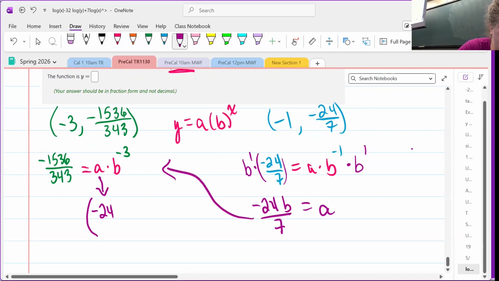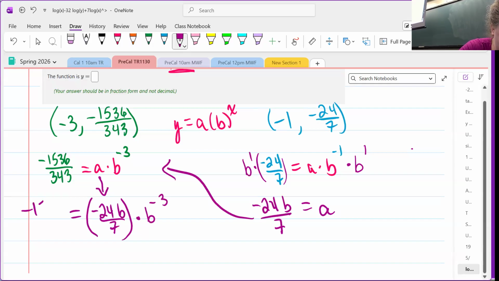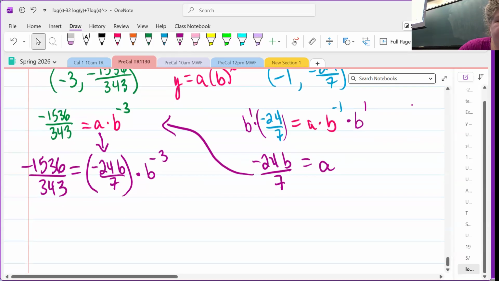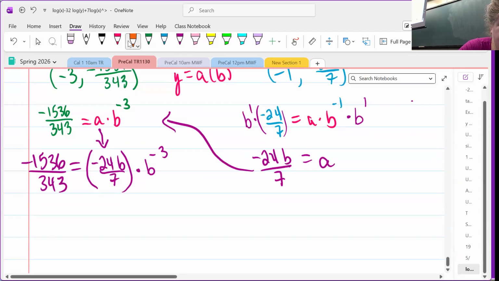Now I'm going to bring this over to my other equation and write it in place of a. So -24b/7 times b to the -3rd equals horrible fraction. So that b to the first times b to the -3rd, I'm going to add those powers.